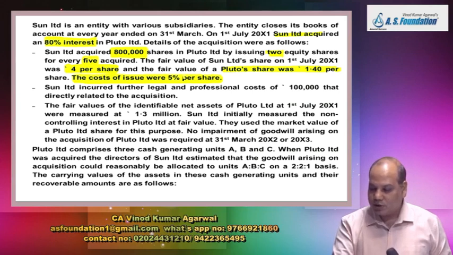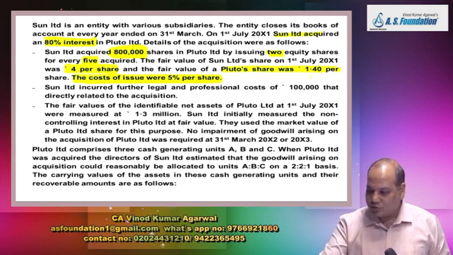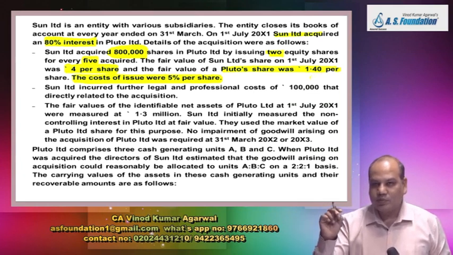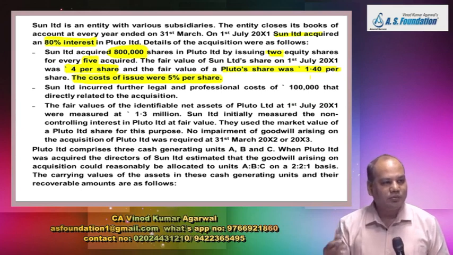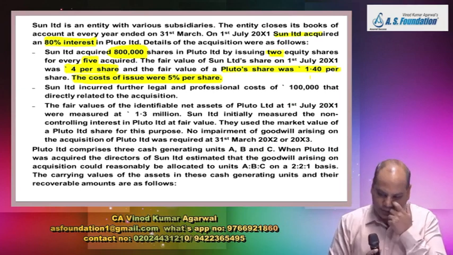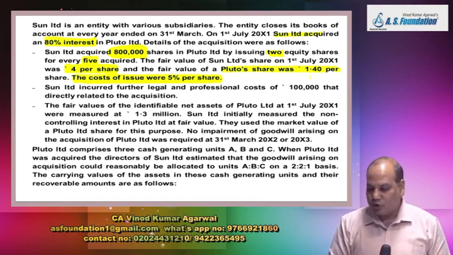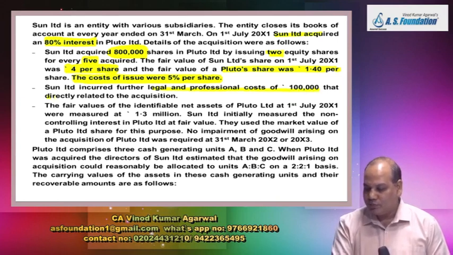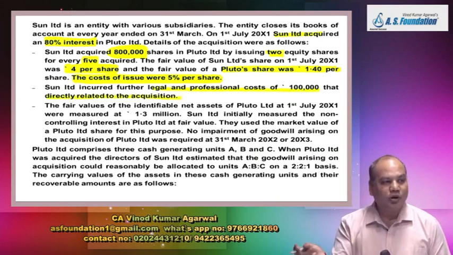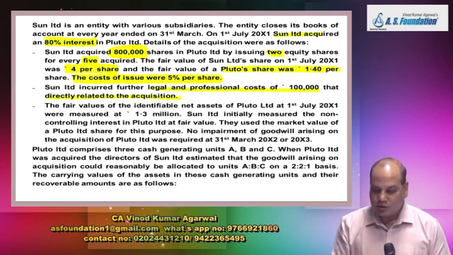So my total consideration paid, you said, was 1280, plus non-controlling interest 280. So 80% plus 20%, what is the total right now? 1560. Keep 1560 in your calculator. Cost of issue will not form part of consideration paid. Similarly, the cost incurred for legal and professional fees will also not form part of consideration paid as per IFRS 3. So these two figures you have to ignore.